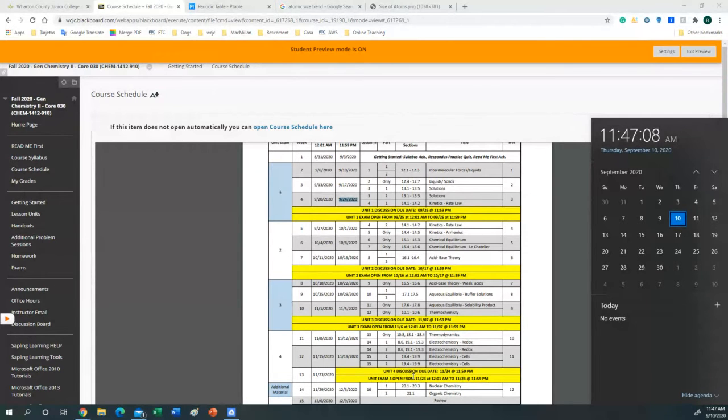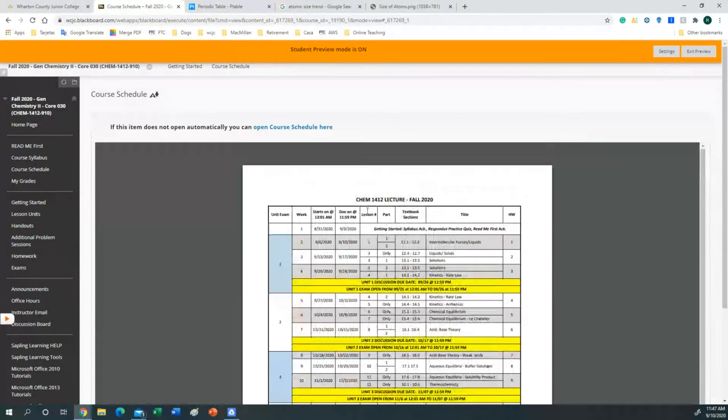So we are not going to have classes that week because it's difficult to travel, and I don't want to put more pressure on you. In Thanksgiving week, we're just going to do the exam. That's it, right? But anyway, this calendar here is going to help you mainly to know the due dates, right?